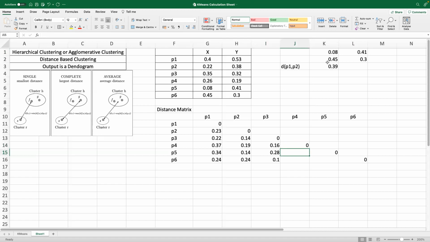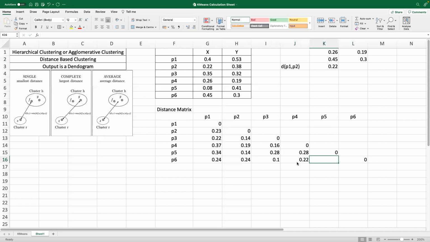So we have to calculate P4 to P5, right? 0.26 and 0.19. So P4 to P5, 0.08 and 0.41. This would be 0.28. This would be then 0.45. This would be 0.30, 0.22.